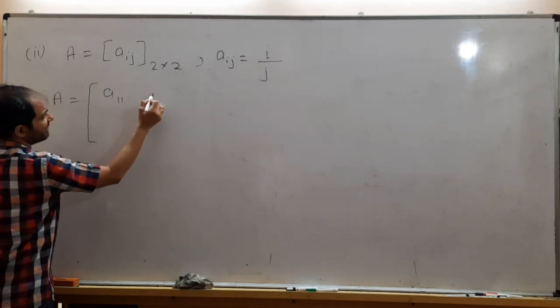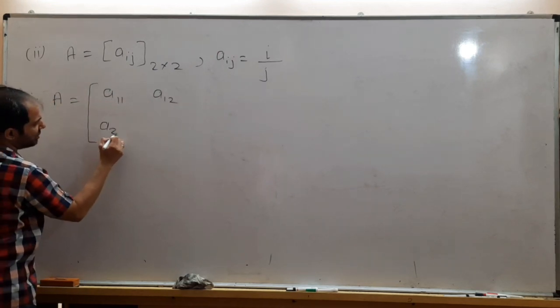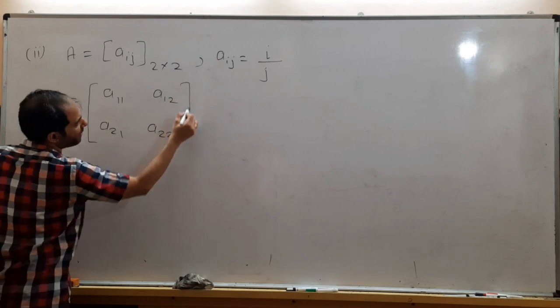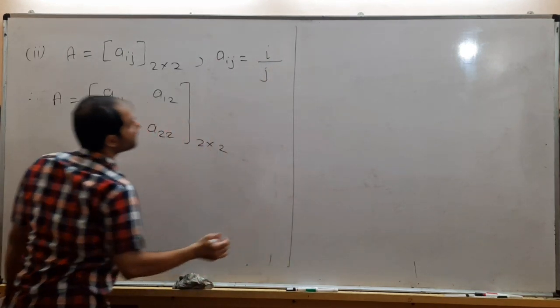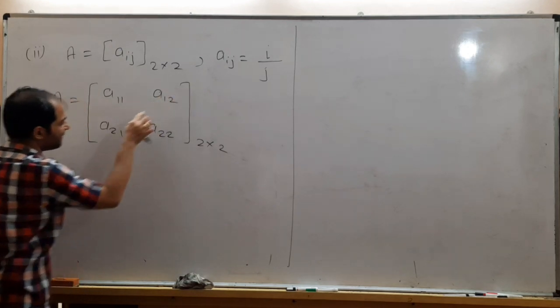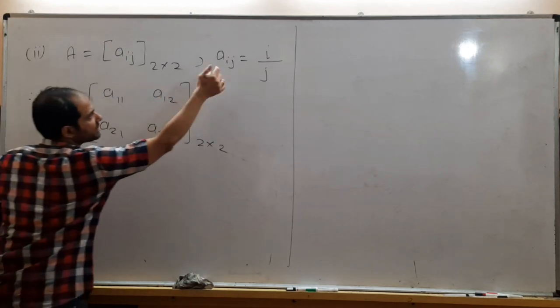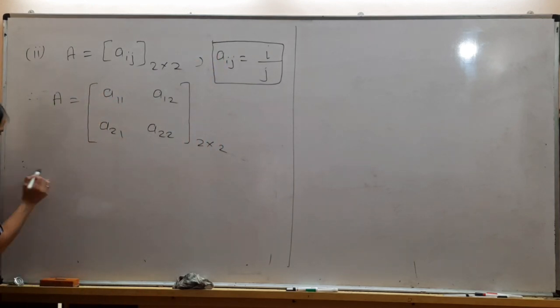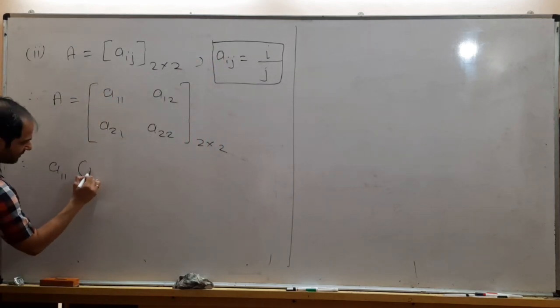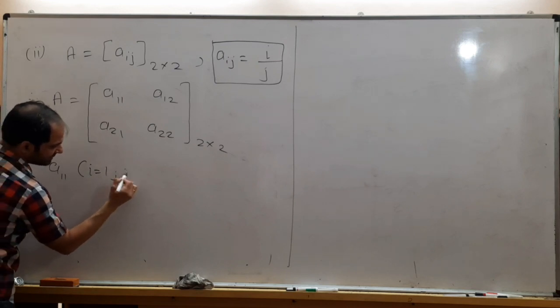The first element is A11, A12, A21, A22. It's 2 cross 2. And now I will find A11, A12, A21, A22 using the formula Aij is equal to I by J.